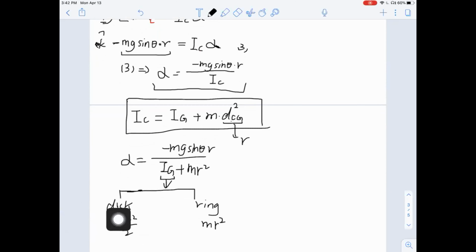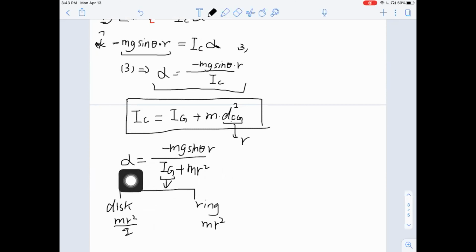Okay, now the answer is pretty obvious. If they share the same mass and radius, a disk will have a smaller moment of inertia, and the ring is going to have a larger moment of inertia. That reflects on the angular acceleration. The disk has a smaller moment of inertia, so you get a smaller value on the bottom here, and that gives you a larger angular acceleration alpha.